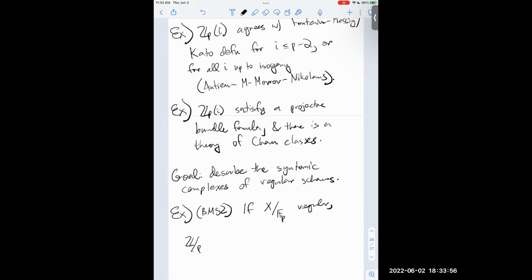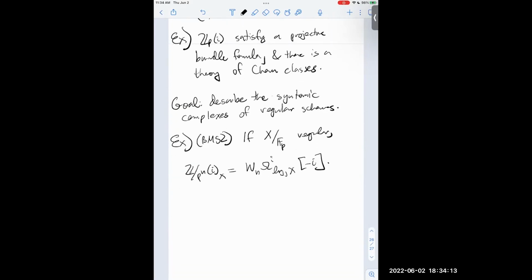Then Z mod P to the N twisted by I sub X is exactly W_n Omega^I log of X, shifted by minus I. So in equal characteristic, there's this description of the syntomic complexes. And I wanted to describe an analog in mixed characteristic.